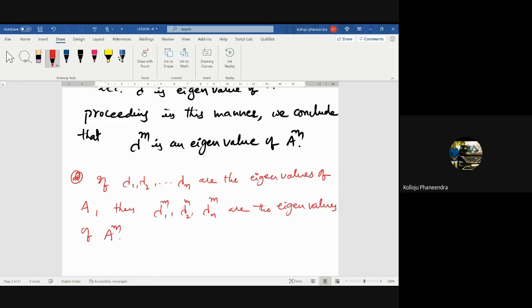This is not a single eigenvalue; there are n eigenvalues, lambda 1, lambda 2, up to lambda n.